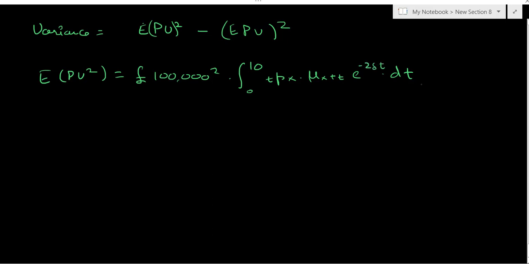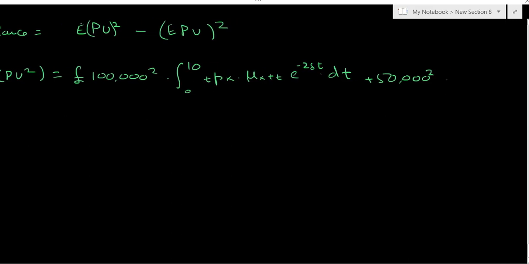That is what we'll have here, plus 50,000 squared into tpx into 1 plus i to the power of minus 10, and this interest factor would also be squared. Okay, so this is what you have here.